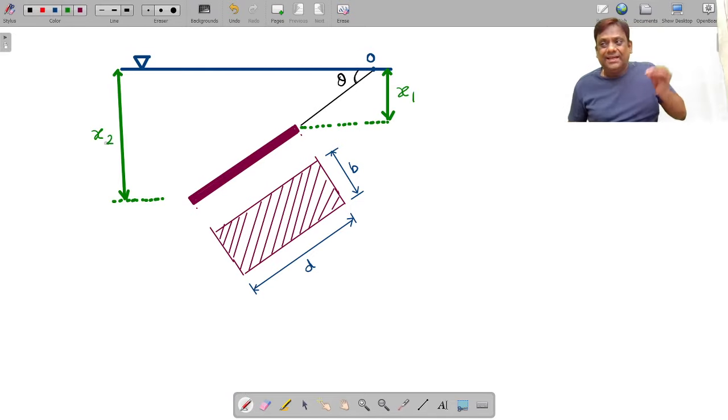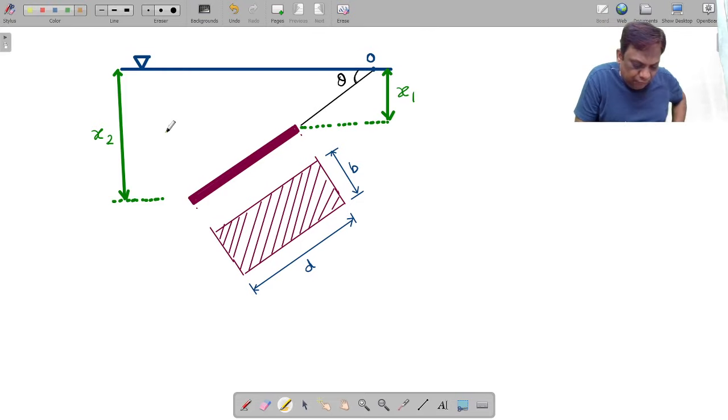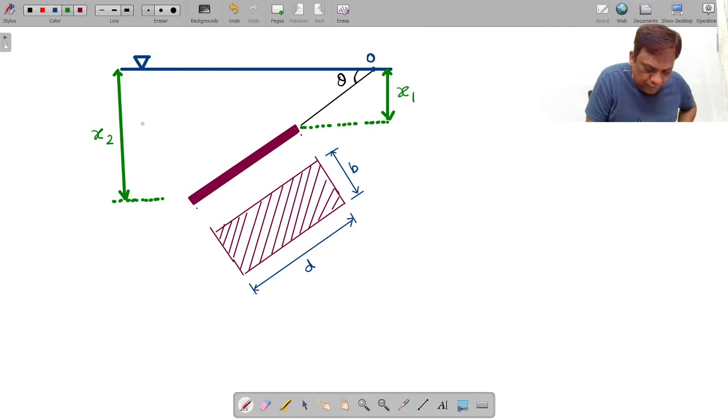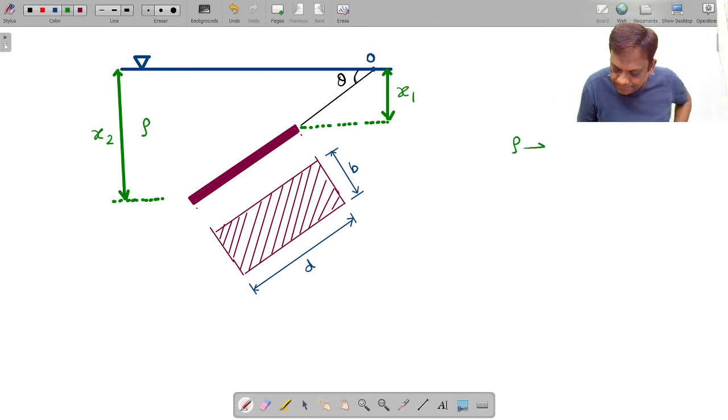Let the density of the fluid, which is exerting force on the surface, be rho. Rho is the fluid density which is exerting force on our body.